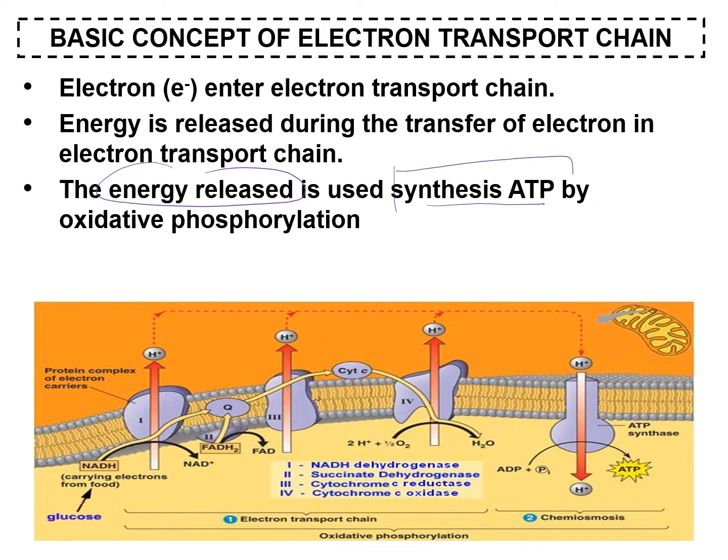The synthesis of ATP is done by an enzyme, the enzyme ATP synthase. So how is the energy released used? It will be explained later. First, we need to memorize the names of the components of the electron transport chain here.